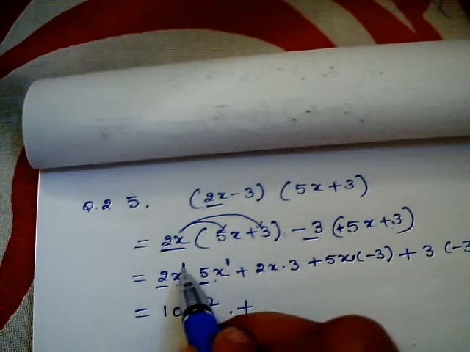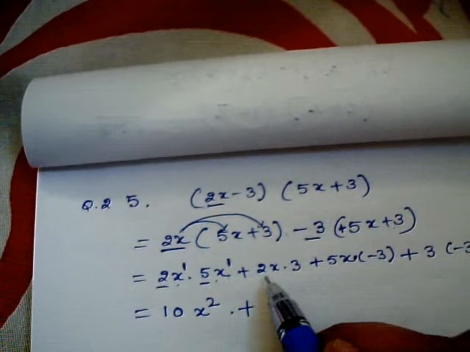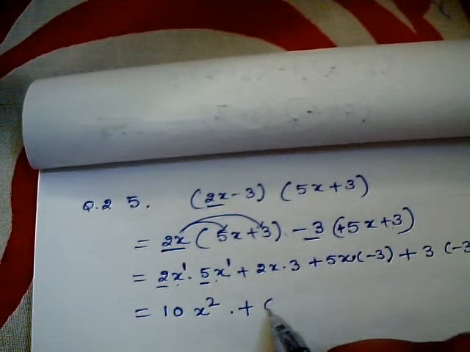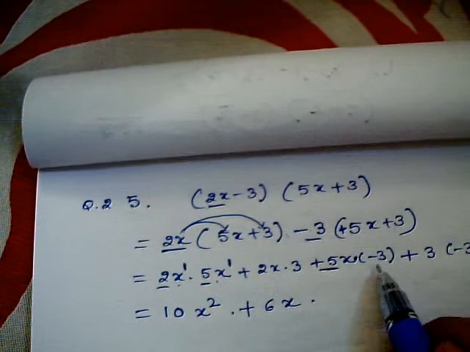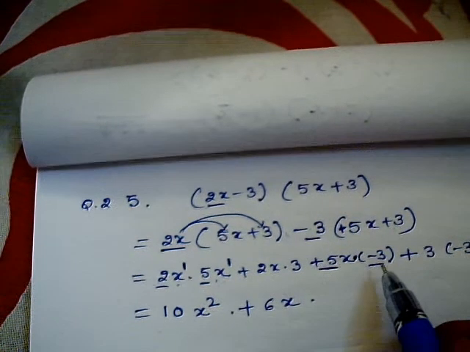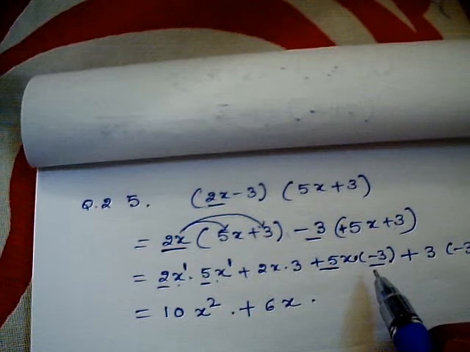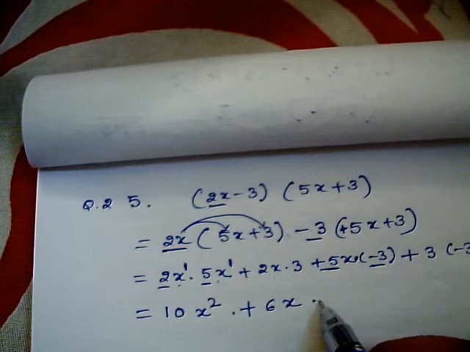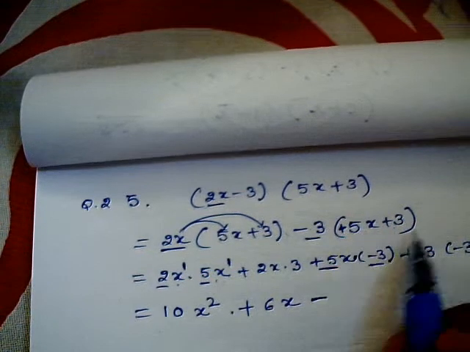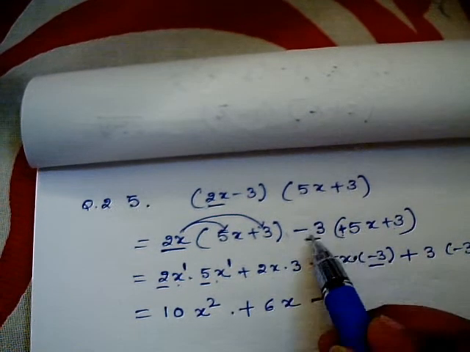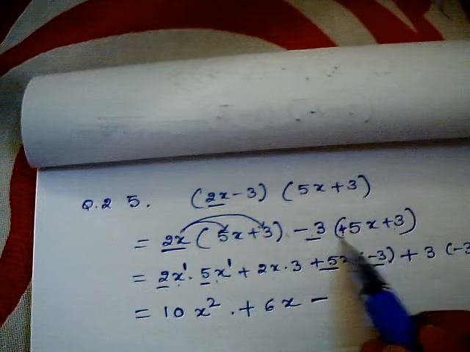Here 2x times 3, so 3 times 2 is 6. Here this is positive 5x and this is negative 3. Positive times negative is negative, so the sign is going to be negative. Can you see, 5x was positive and I am multiplying with negative, so the sign of this 5x gets changed and becomes negative.